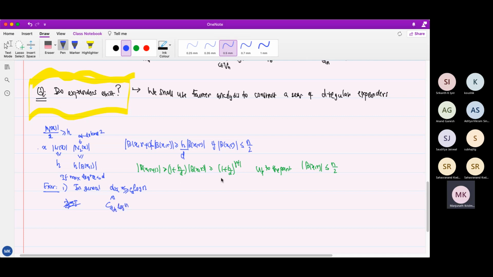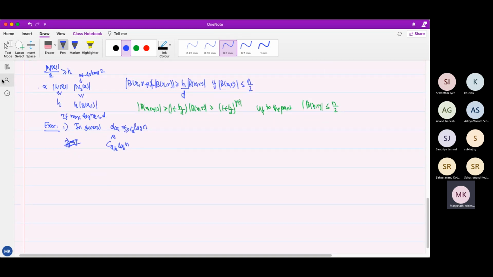So what we showed here is that the diameter will be at most log n, but the constant depends on the max degree and the expansion constant. The lower bound is without anything. So this is a small exercise. I just leave it there.